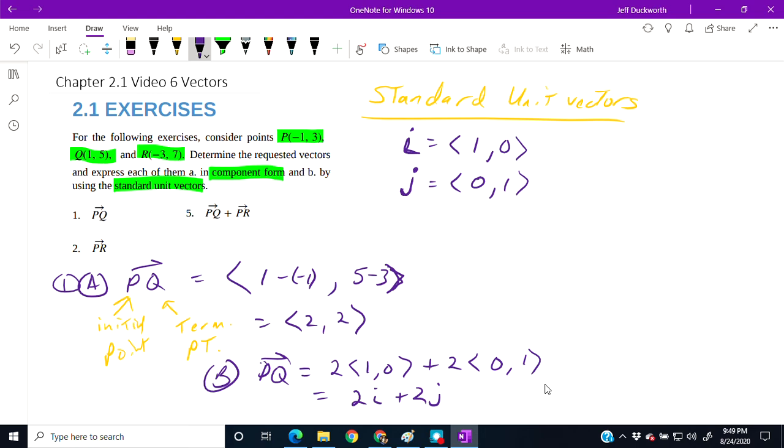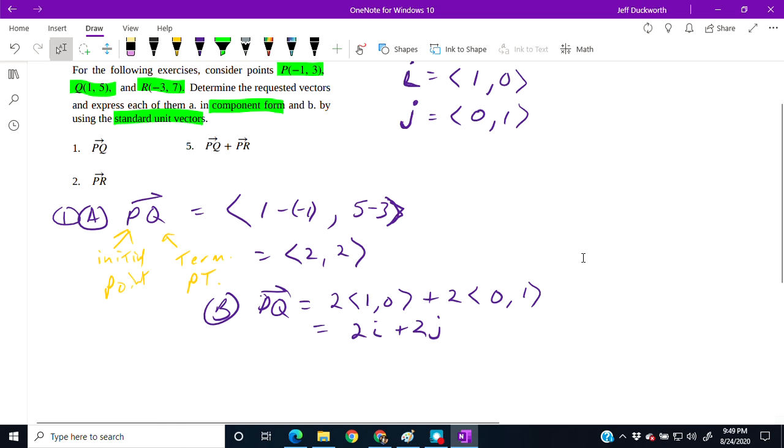All right, let me scroll down a little bit and let's do P and R. This is 2. So PR, again, ends in R, so the R will be my first value.